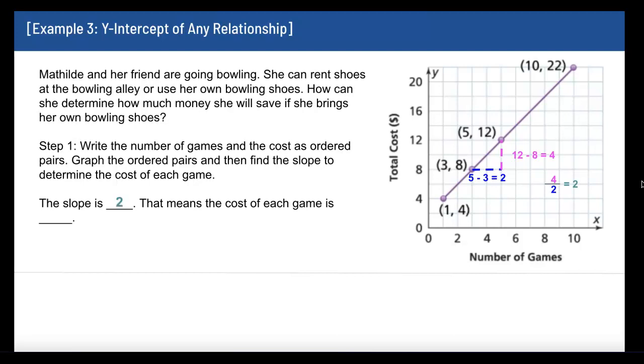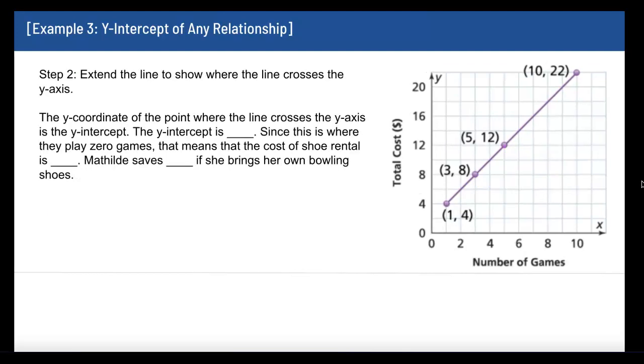That means the slope is 2, and so the thing that's changing with the number of games is that it's going to cost $2 each game. Using that slope, because every game it goes up $2, we could also say every less game it goes down $2.